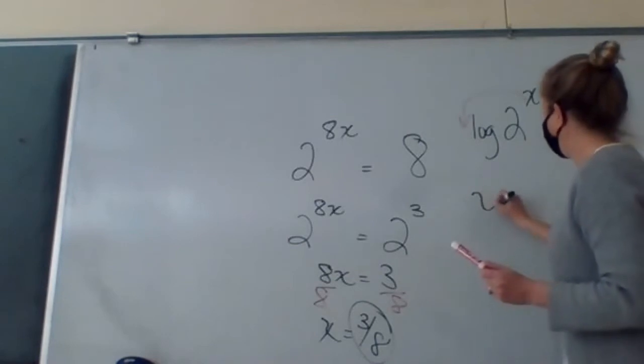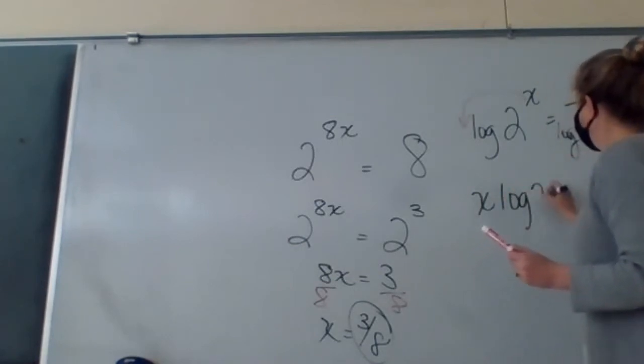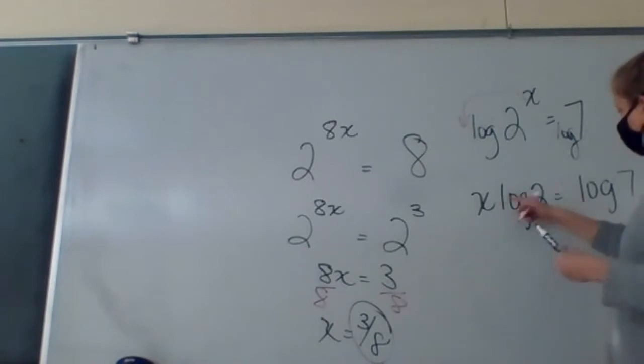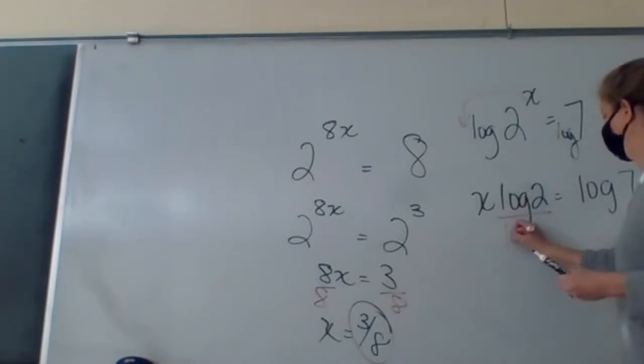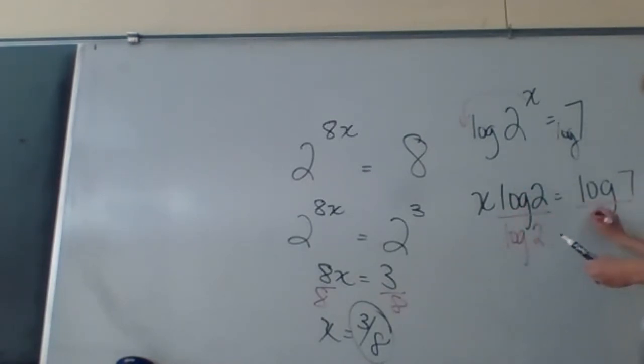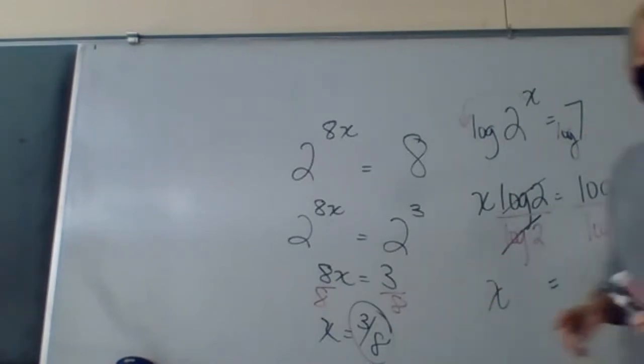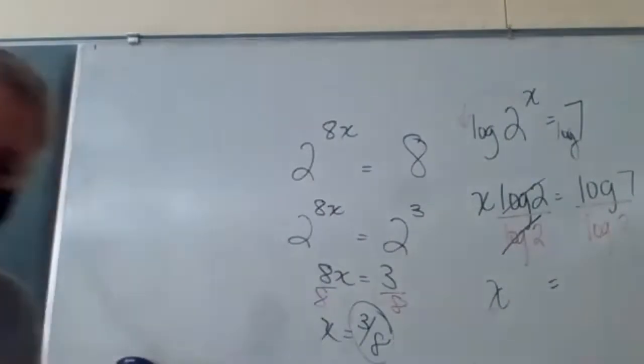So on the left, I will have x log 2 equals log 7. And remember, you're always solving for x, so I just need to get rid of this log 2. So I will just divide both sides by log 2. So x equals, and then that's your calculator work. You've got log of 7.